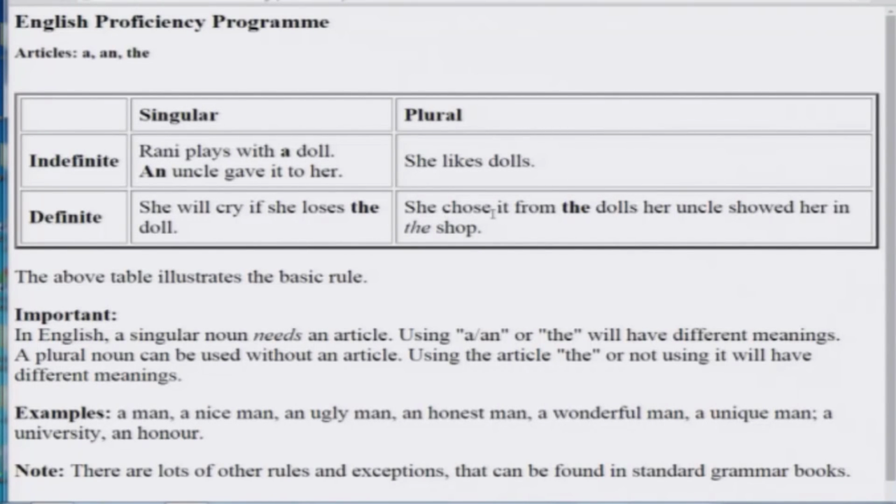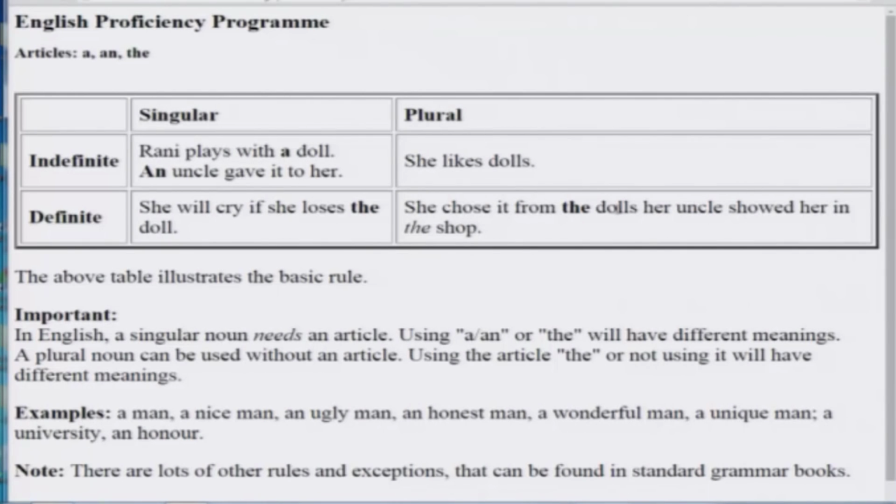Because she chose it from the dolls her uncle showed her in the shop. So the dolls, because even though we have not identified all the dolls beforehand, in this sentence itself those dolls have been identified. Which dolls? Those which her uncle showed her.